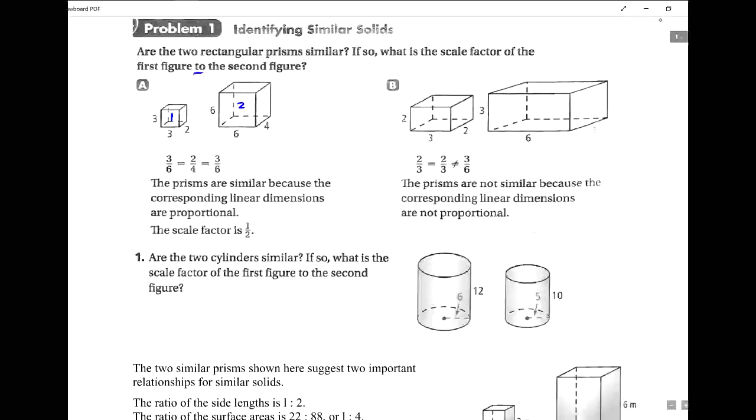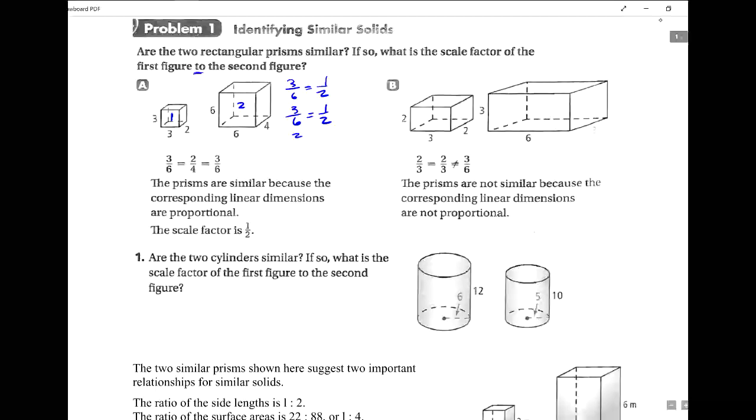Now we don't have any distinguishing features to tell us which sides are proportional to each other, but you can kind of tell. Your larger side is going to be proportional to your larger side. So let's check that here. We have a 3 to 6, which is a 1/2. And we have another 3 to 6, which reduces to a 1 to 2 ratio.